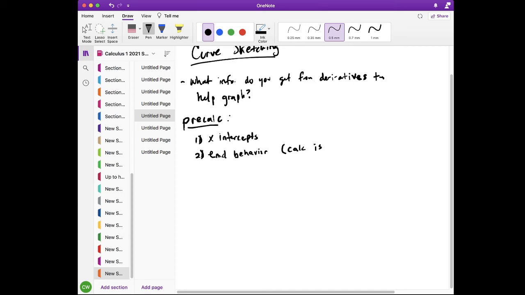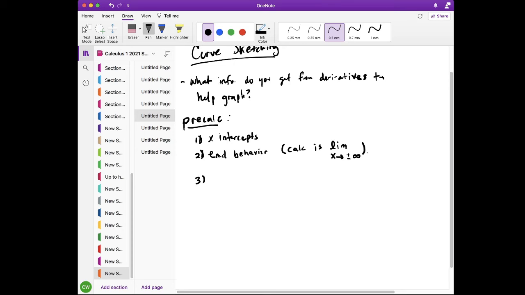Do you remember what we used for end behavior? Yeah, there's a limit to plus or minus infinity. So using this allows us to give end behavior for some more complicated functions that we couldn't handle with pre-calc methods.